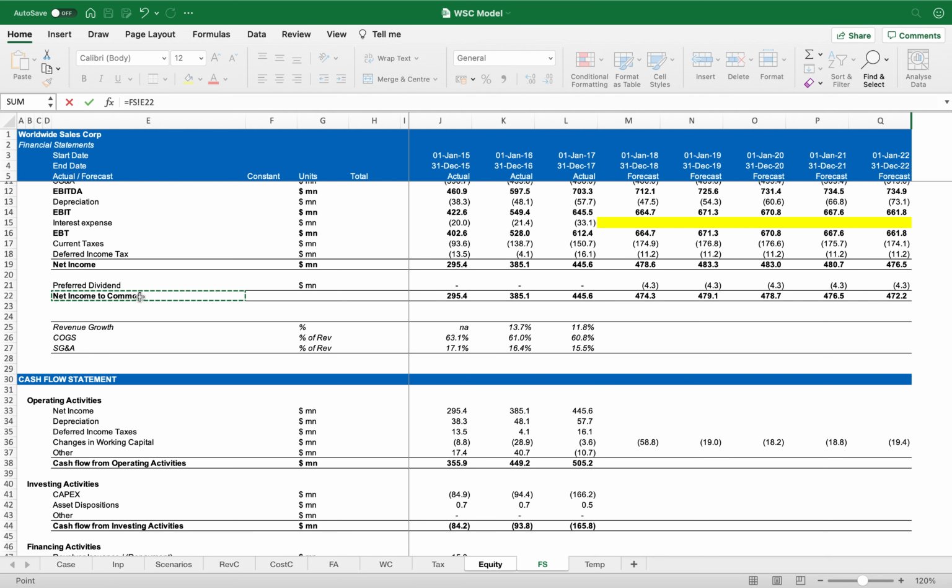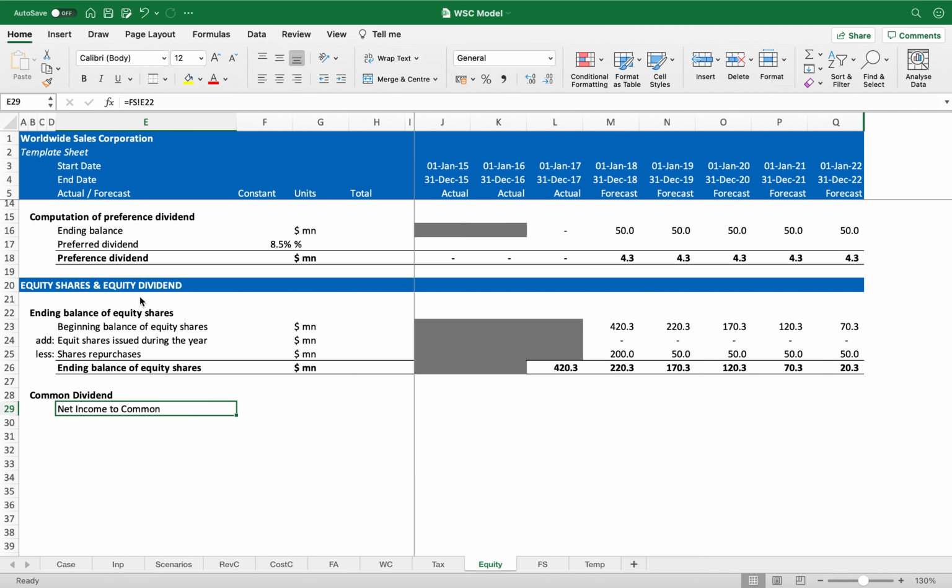Where is net income to common? Here it is. So net income, I subtract the preference dividend. Now whatever I have is the net income which is attributable to common shareholders, which is attributable to common stockholders, right? Net income to common.